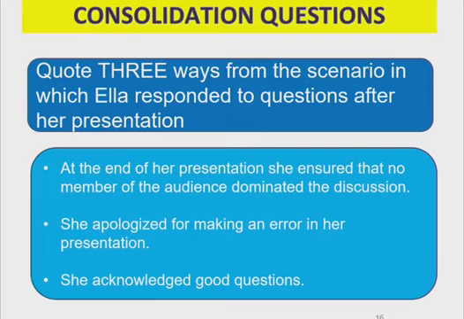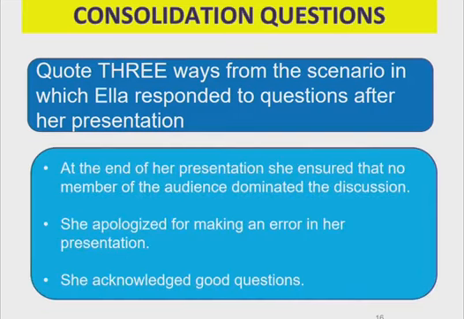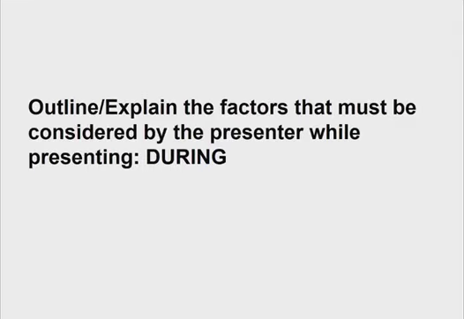Now, learners, remember that when you are asked to quote, please don't use your own words. Go back to the scenario and ensure that you actually use the words of the scenario. And you will see that when Ms. Stein went through the answer with you, all of those answers were in the scenario. Ms. Stein, let's move on to the next section.